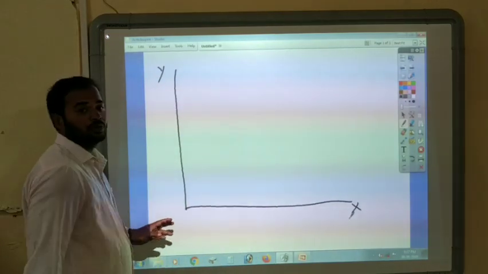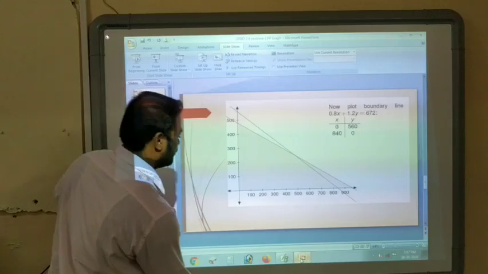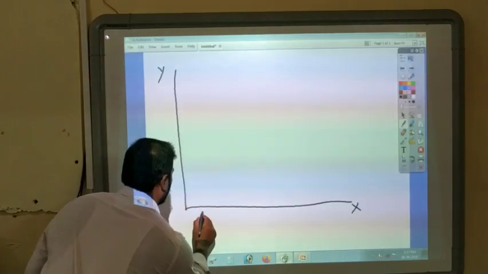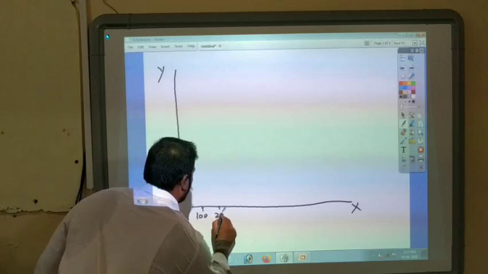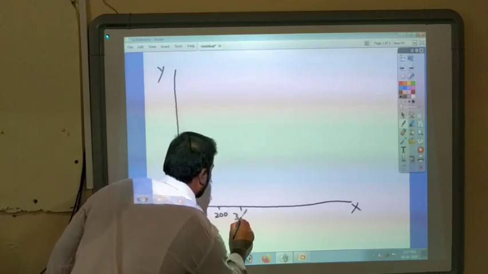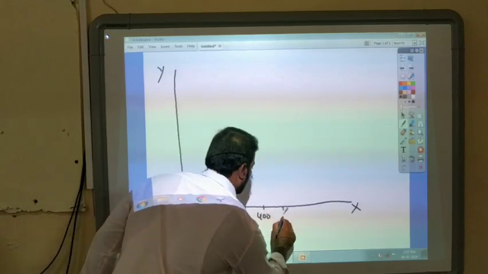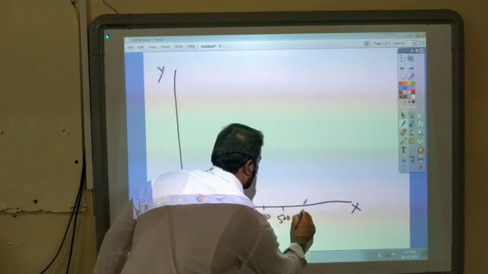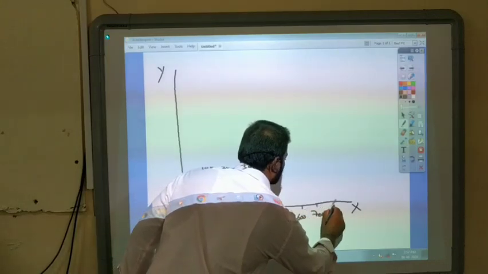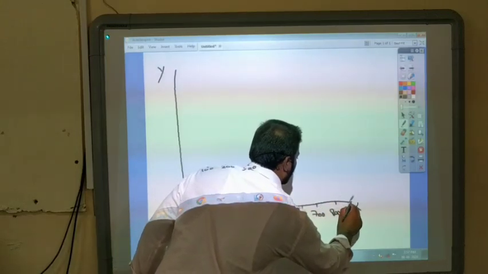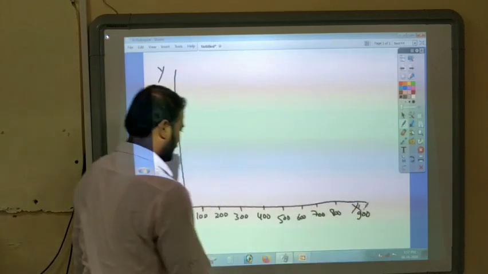Okay. Now we are going to plot the graph. In this graph, 100, 200, 300, 400, 500, 600, 700, 800, 900.